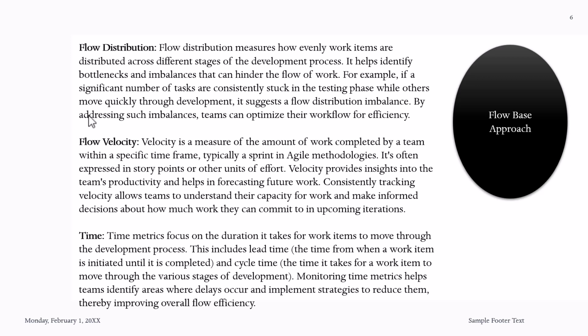Flow distribution measures how evenly work items are distributed across different stages of development. It helps identify bottlenecks and imbalances that hinder the flow of work. For example, if a significant number of tasks are consistently stuck in the testing phase, while others move quickly through development, it suggests a flow distribution imbalance. By addressing such imbalances, teams can offload work.